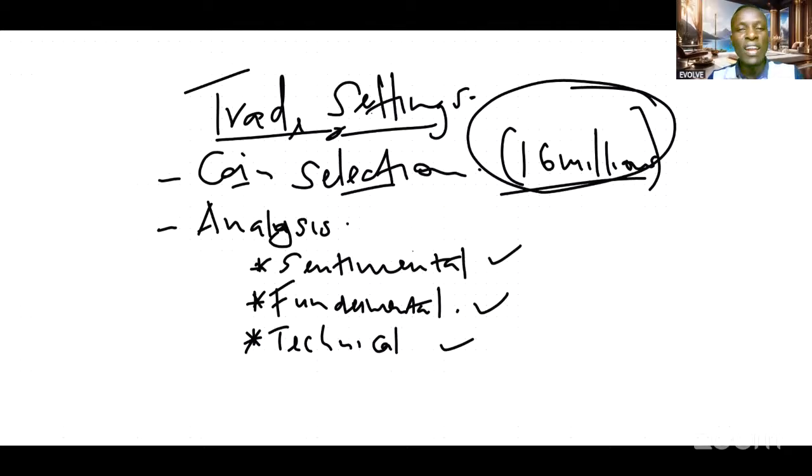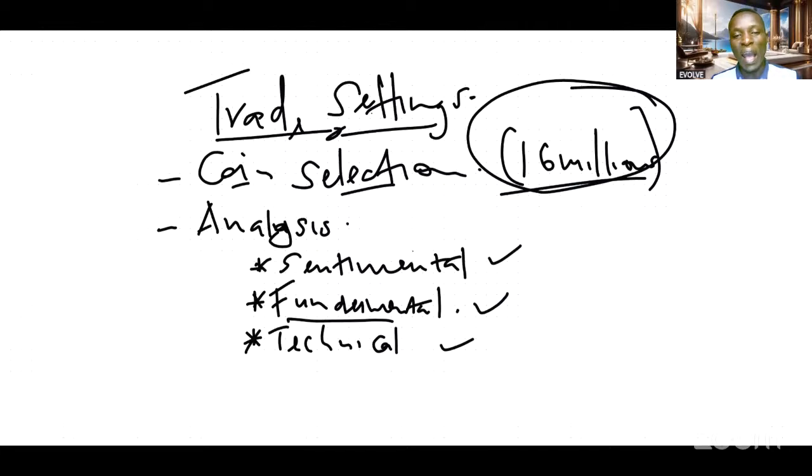That is called fundamental analysis. This gives you the strength of the project. Is the coin going to be there? Is it going to stand the test of time? How strong is the leadership behind this particular project? That is all fundamental analysis.